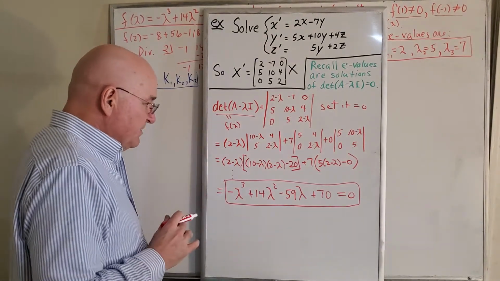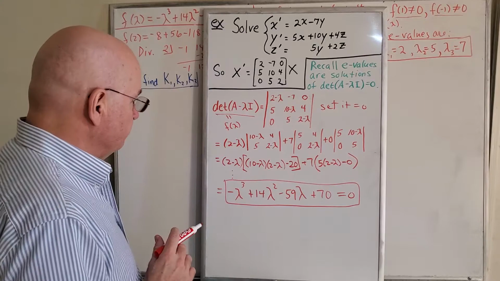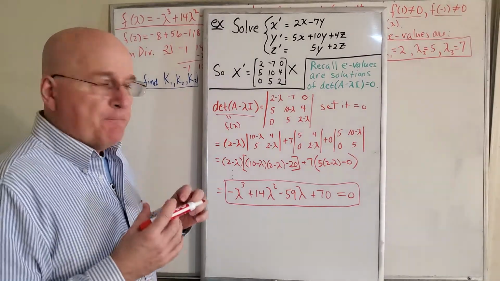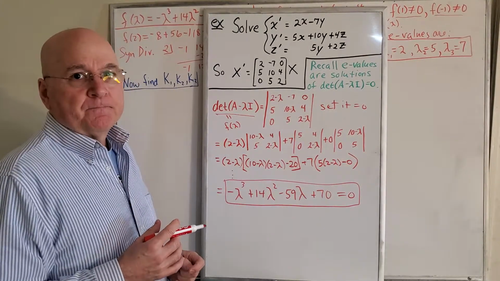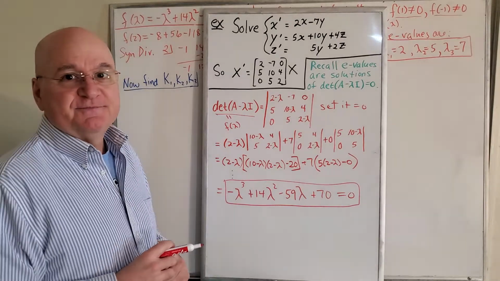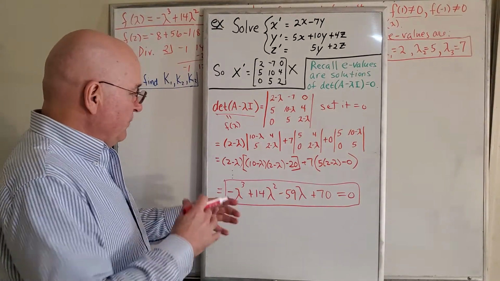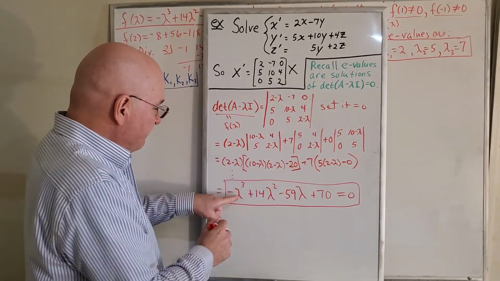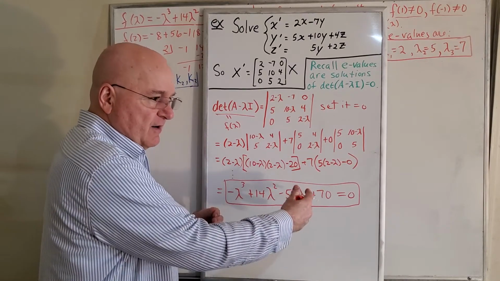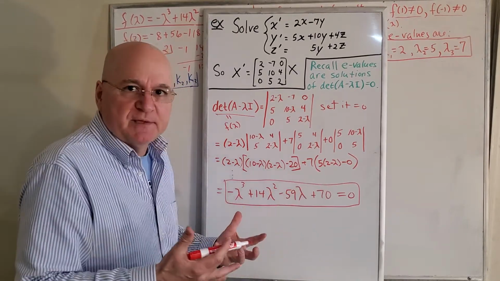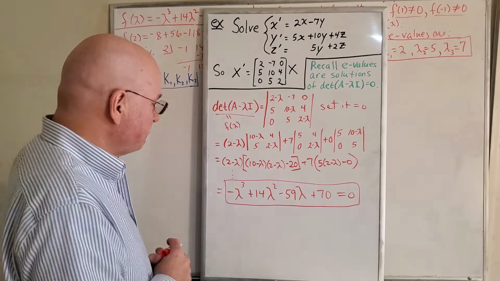The first thing we need to do is just find one single 0, one root, one lambda that works. And then we'll do synthetic division, and after we divide, we'll get a lambda squared, a quadratic, which everybody knows how to factor, I think.